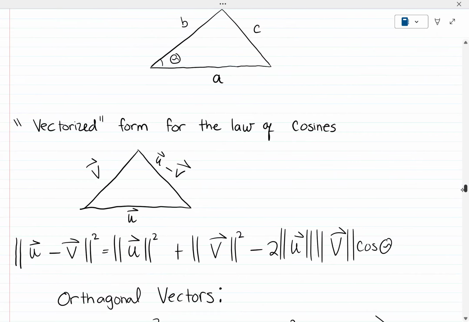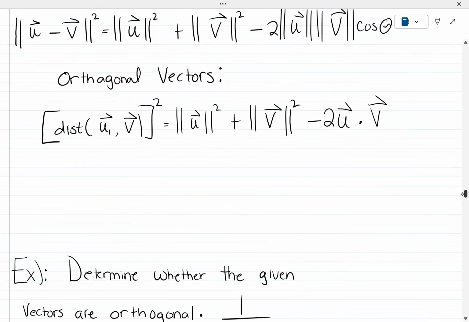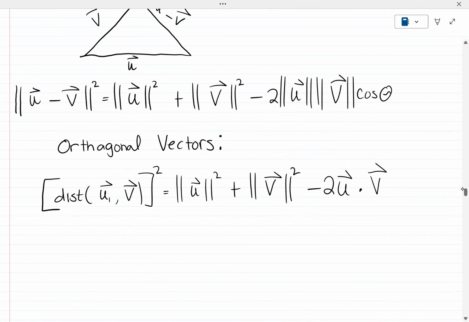And then for orthogonal vectors, the distance of vector u, comma vector v, squared is equal to the magnitude of u squared plus the magnitude of v squared minus 2 times vector u times vector v.